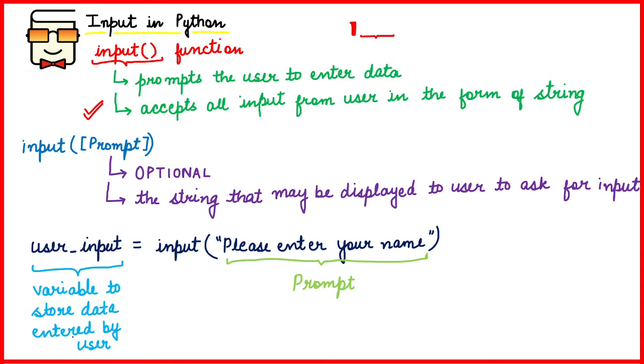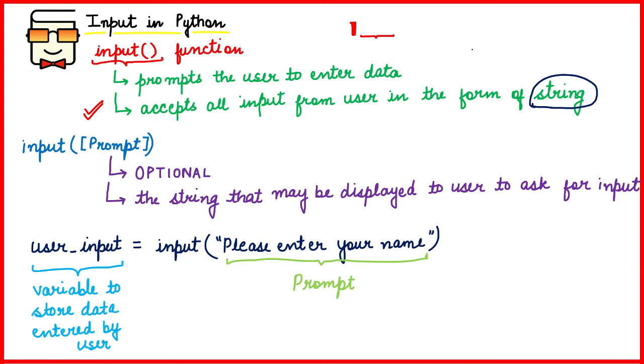This point is very important: no matter what type of data the user enters, whether it is a string, a number, or alphanumeric, whatever input the user enters from the keyboard will be converted into a string, and that string will then be stored in a particular variable present on the left hand side.